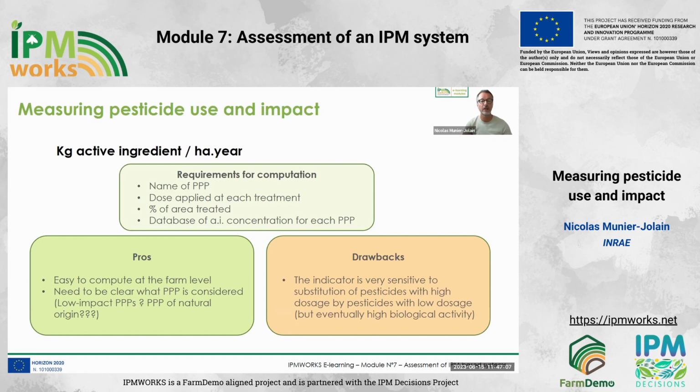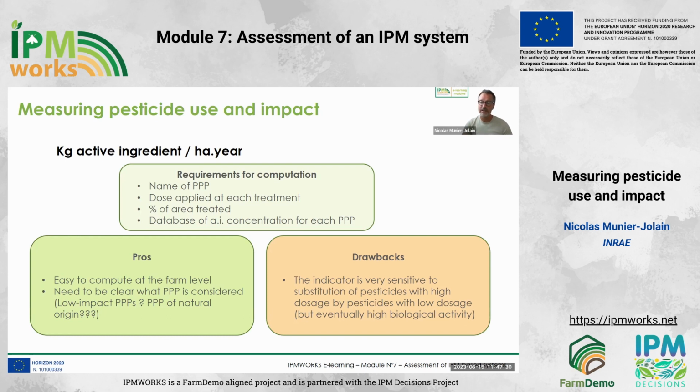But you have to be clear about what kind of plant protection product you are considering when computing this indicator. Are you including low impact pesticides? Are you including pesticides of natural origin? It is important to be clear about what you are considering, including in the indicator.